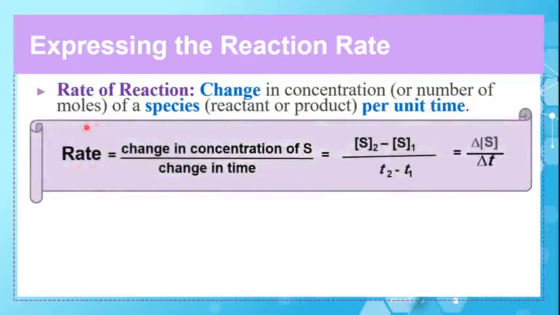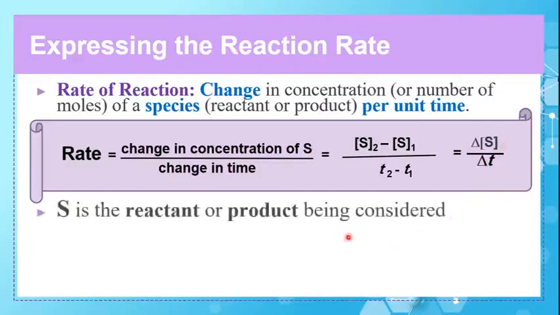So, if the rate is equal to the change in concentration of S over the change in time, we can write it as delta concentration of S over delta t. S in this case will be the reactant or the product that we are talking about.